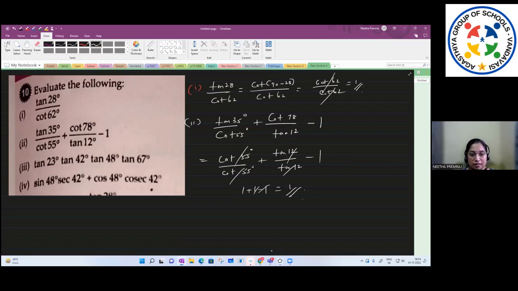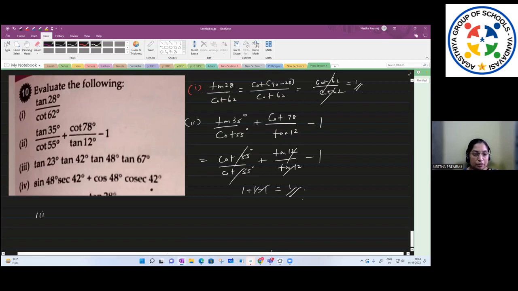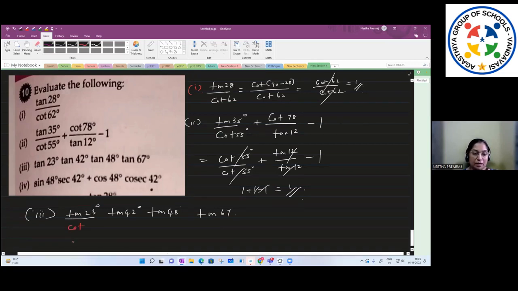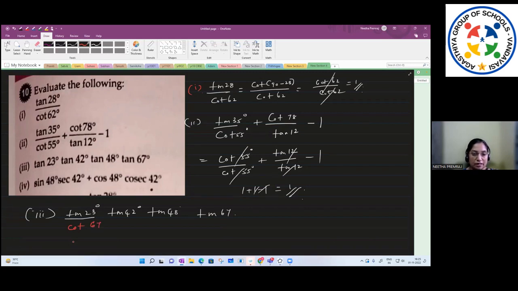This third sum is a bit different. I would like to do that sum also. Tan 23 degrees, tan 42, tan 48, and tan 67. So what I do, I change this into a complementary angle. Cot of 90 minus 23 is what? 67, isn't it? So cot 67. You leave this, don't change this. Then you change this one into a complementary angle.